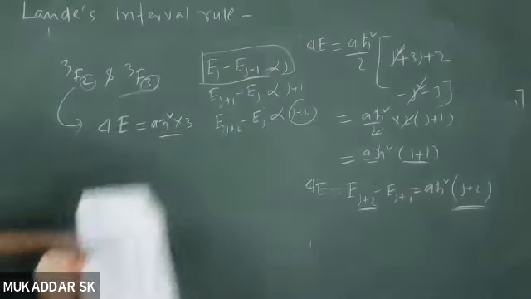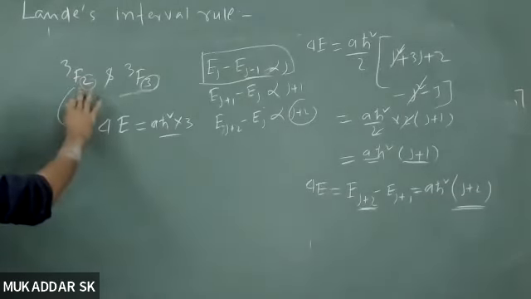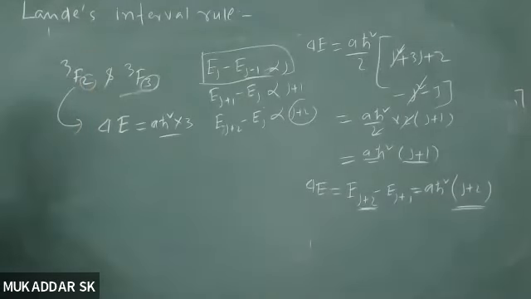You can clearly see that for both cases the L value and S value are the same, so they cancel and I have neglected the L and S terms. Only the J term is taken for that energy separation calculation. So you can calculate the energy separation between two adjacent levels, and those levels basically arise from LS coupling.